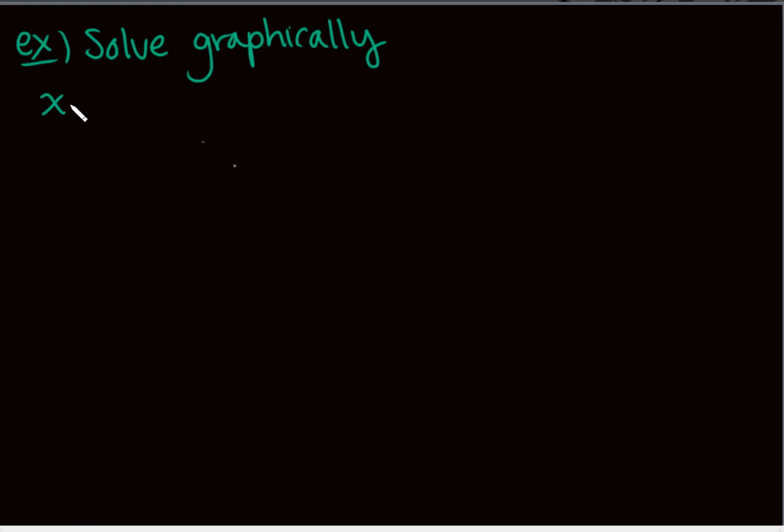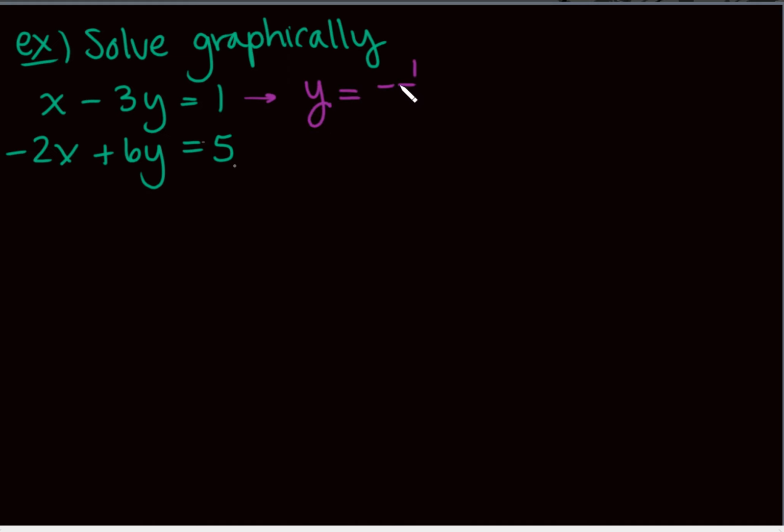So let's solve graphically. I want to do x minus 3y equals 1 and negative 2x plus 6y equals 5. If I were to graph this, it might be a little bit tricky because I'm not going to get the best y-intercept here, but let's have this one be my purple one. So I would get y equals, I think, negative 1.